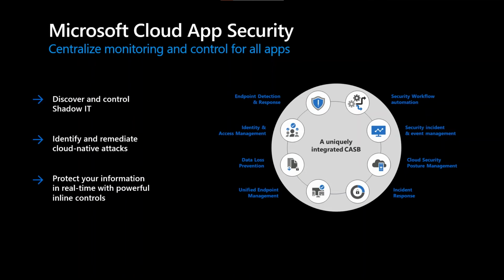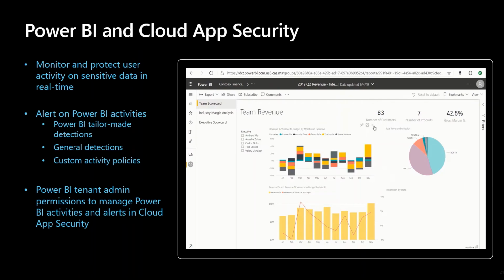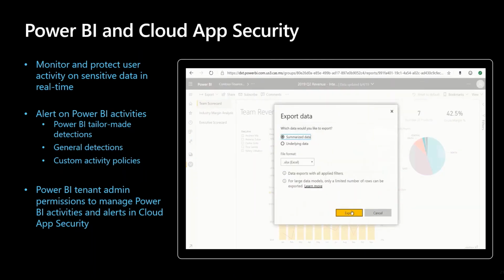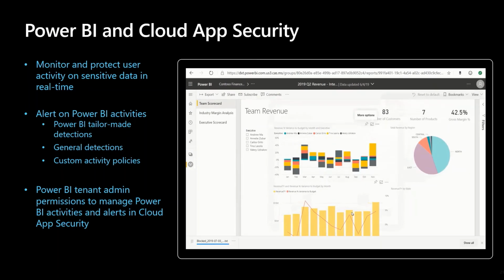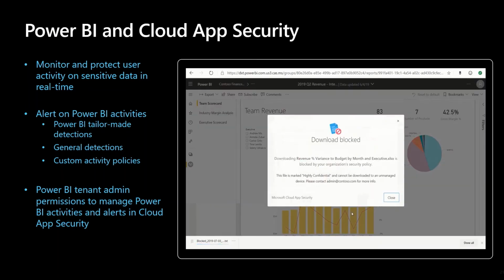After understanding what Cloud App Security has to offer, let's see how Power BI leverages all this goodness to enable customers to improve their security posture. Before taking a deep dive with the demo into the different capabilities that Power BI and Cloud App Security have built together, let's have a short recap.